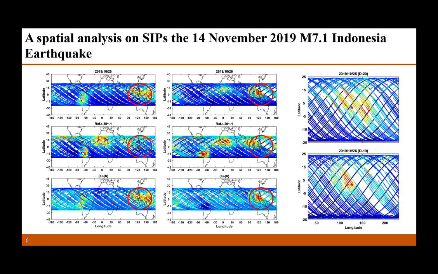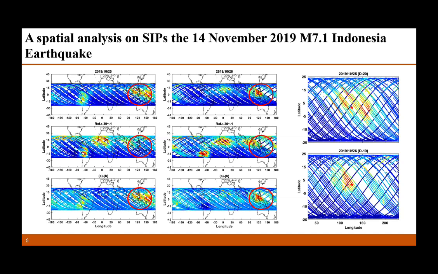The central panel on the left and middle stands for 1 to 30 days before the 25th and 26th, and the bottom panels from the left and center show the observation subtracted by the reference. So you can see that right above the epicenter it also becomes very red, which means the ion density also increases.